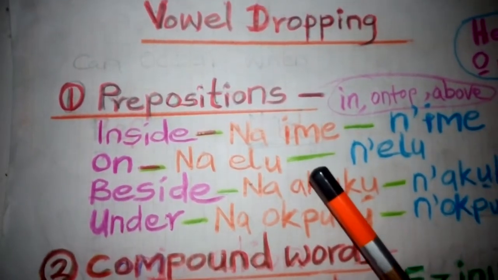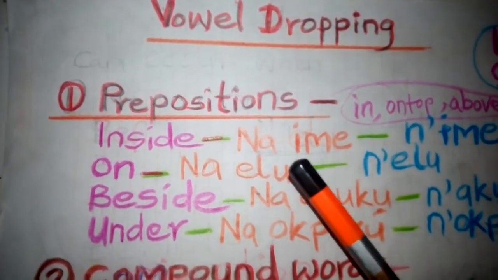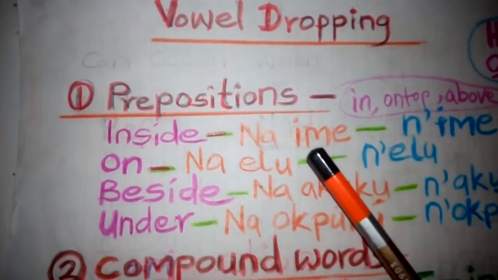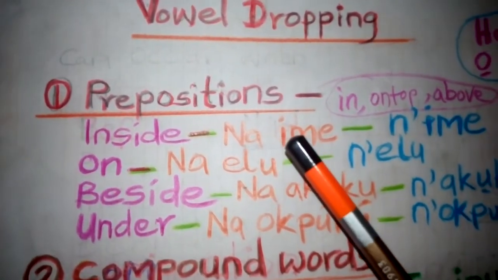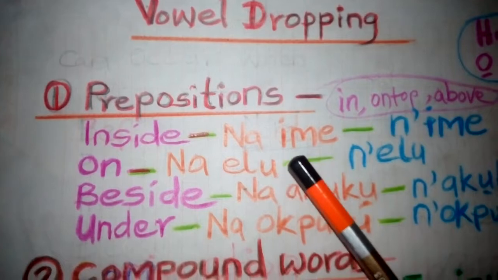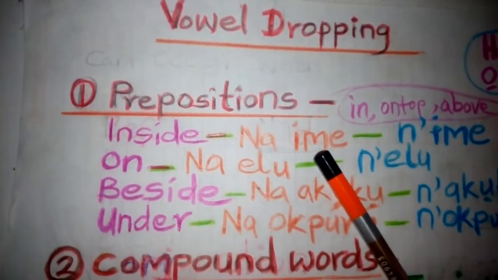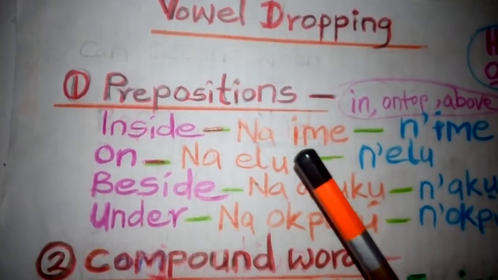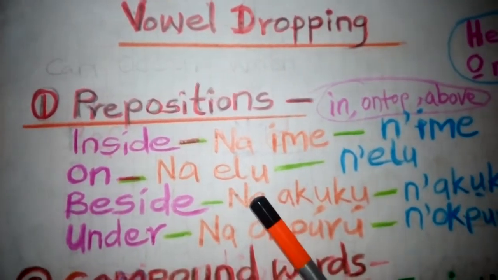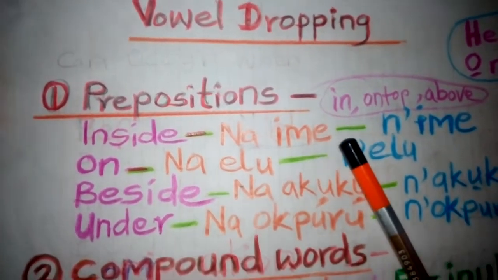You can drop one of the vowels in between the two. Normally you drop the first one and leave the beginning of the next word. I'll be showing you shortly.